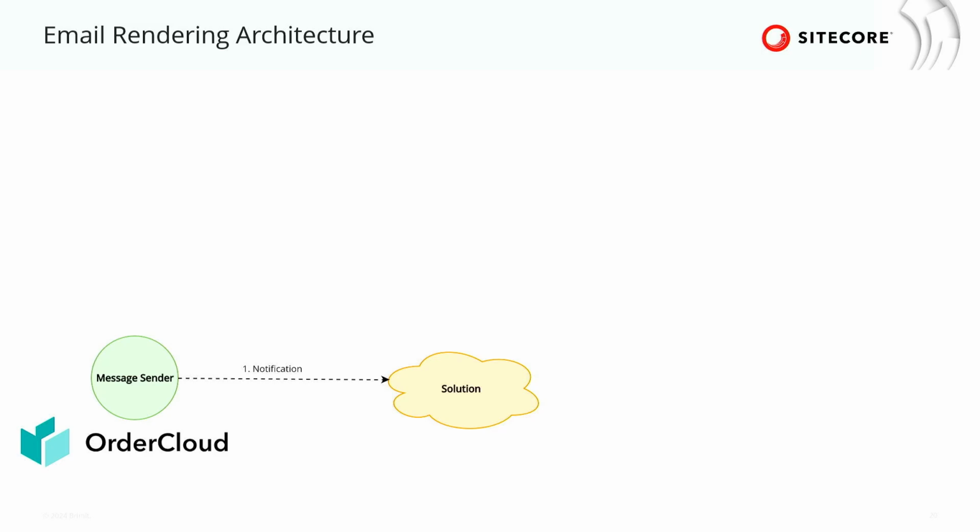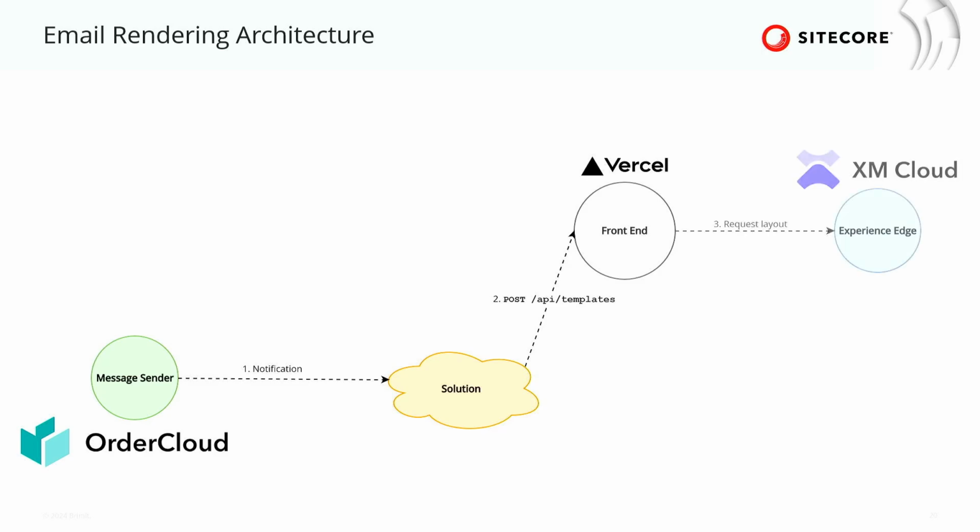So here is how the rendering works. We get the notification from the message sender, and somewhere in our solution, we then request this endpoint, this serverless function, to get the email.